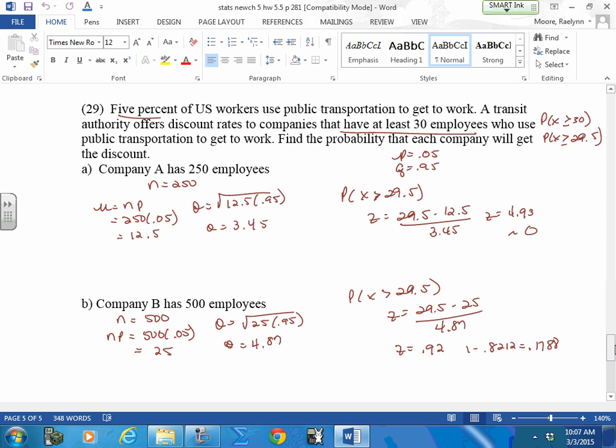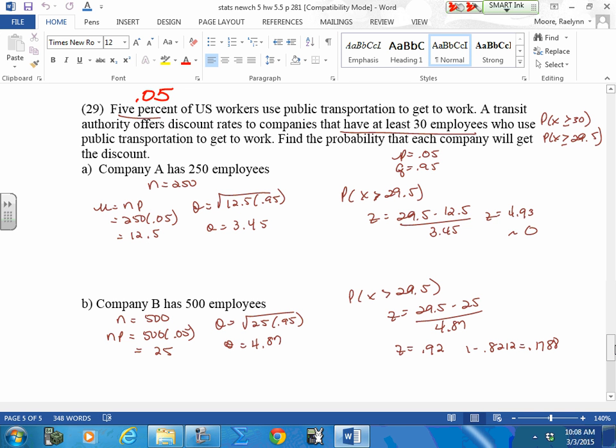Now, your probability statement didn't change. So I want you to think about this. If I have to get at least 30 or more employees that use my public transportation, and I get only 5%, 0.05. Do I have a better chance of getting more than 30 if I only have 100 employees versus 500 employees?